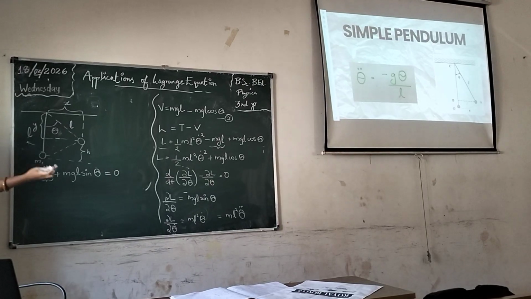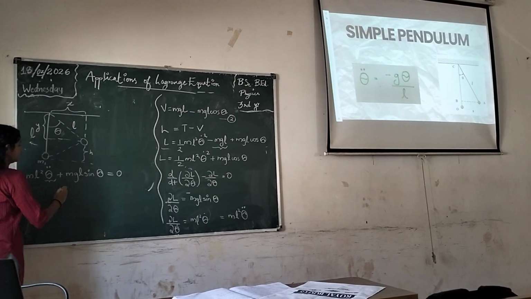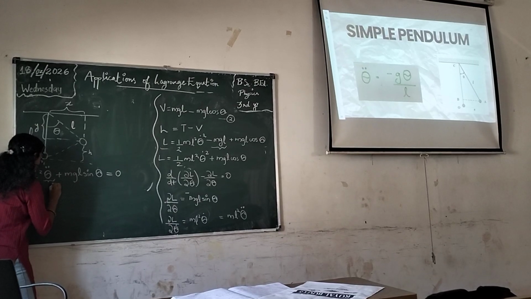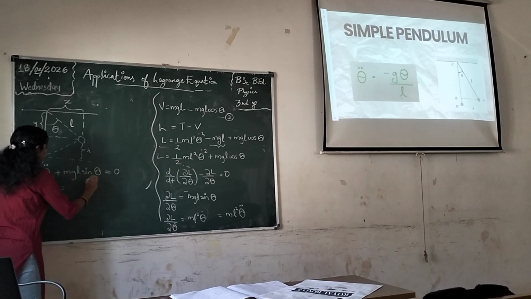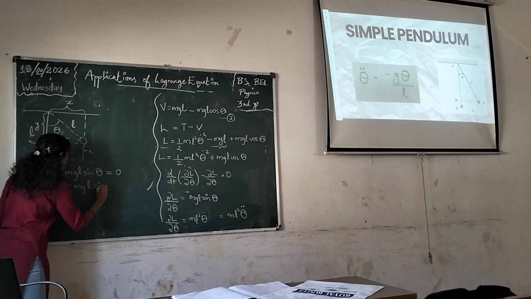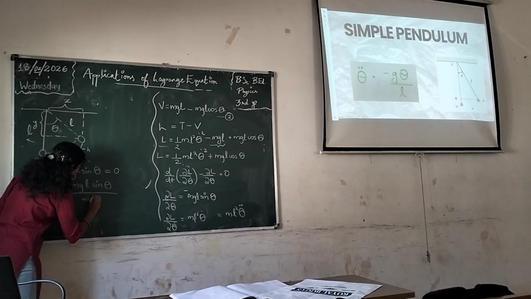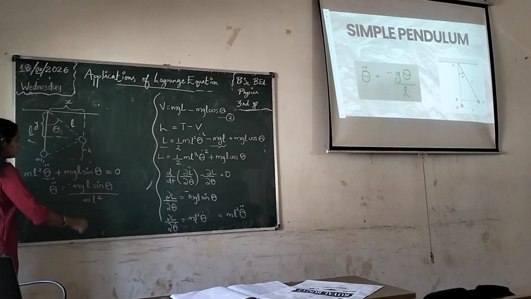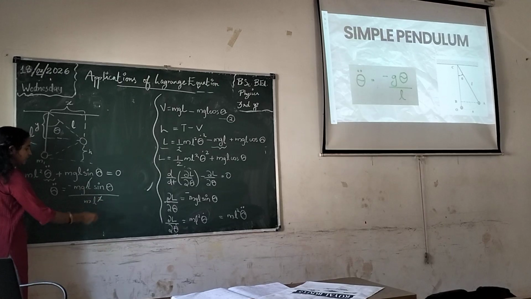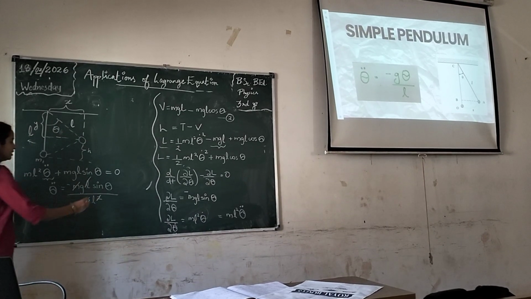So theta double dot will be equal to minus mgL sin theta divided by m L square. So L and one L get cancelled, m and m get cancelled. And when compared with sin theta, our theta is very small.